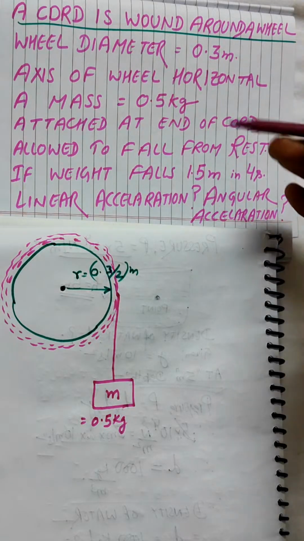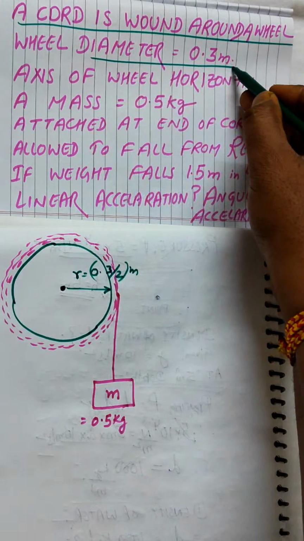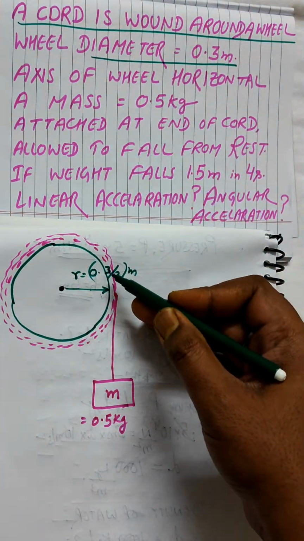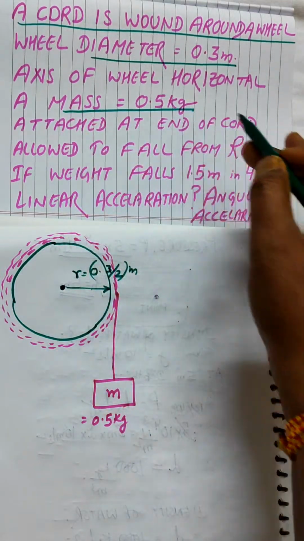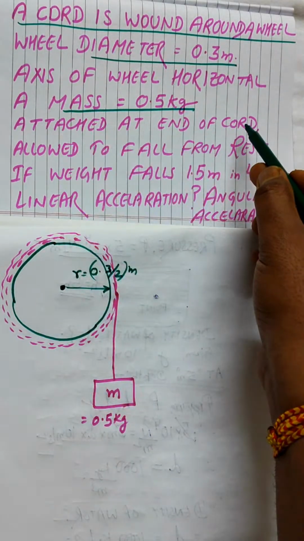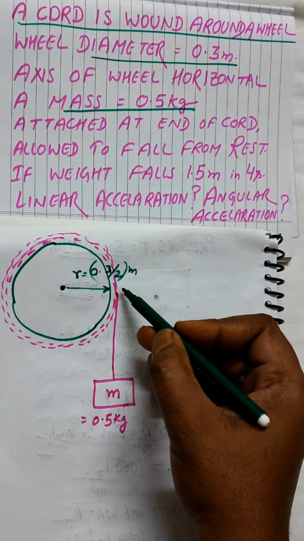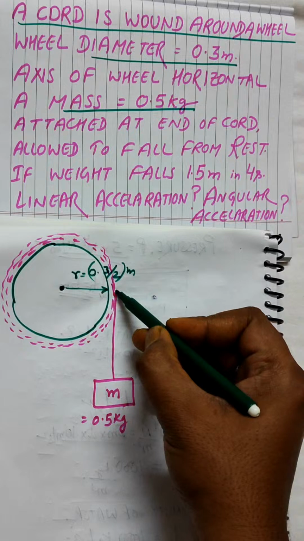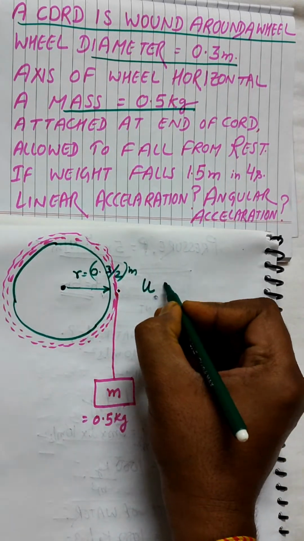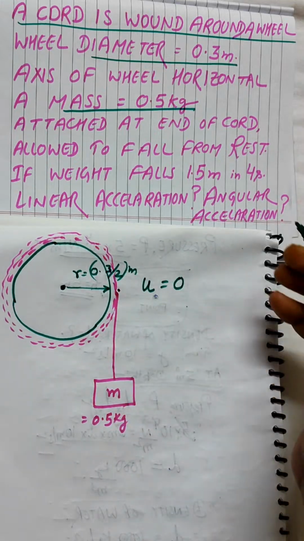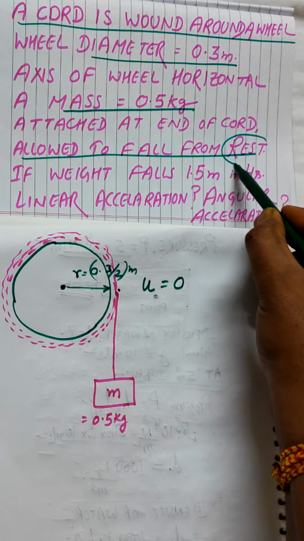Now this part is covered, that is the diameter is 0.3 meter, and 0.3 by 2 is the radius. The mass is attached at the end of the cord and allowed to fall from rest. Mind the word rest.